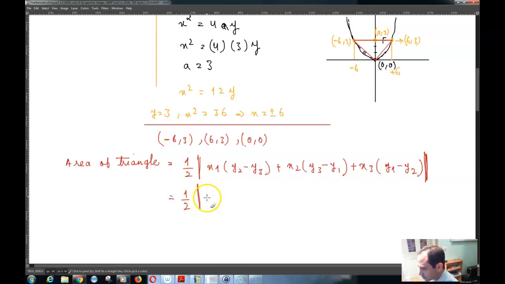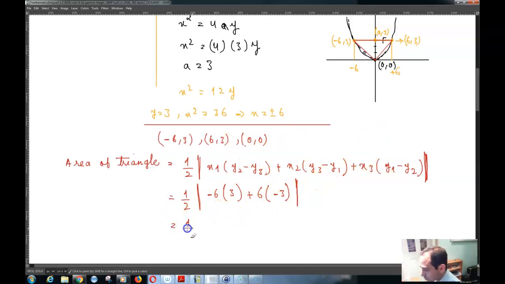times x1, which is equal to negative 6, times y2 minus y3, 3 minus 0 is equal to 3. x2 is equal to 6 times y3 minus y1. So this is y3, which is negative 3 over here, minus y1, negative 3. And x3 is equal to 0, so I don't have to write anything there, because 0 times anything is 0 anyway.